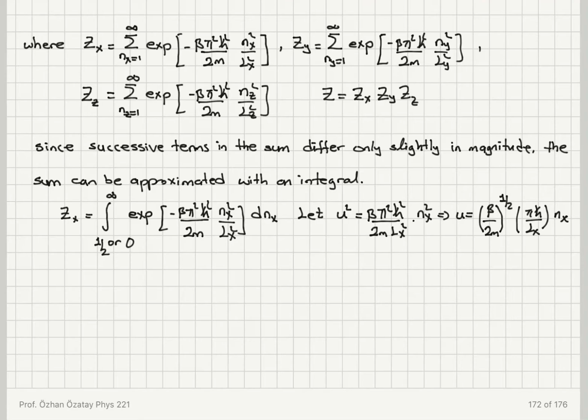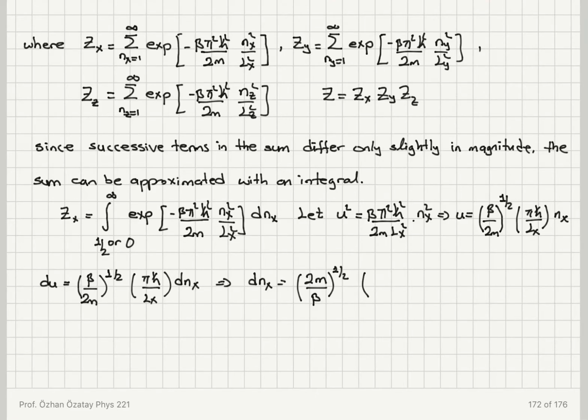So you can find from here that du is going to be equal to beta divided by 2m to the power 1/2 pi h bar over Lx dnx. So that means I'm going to replace dnx with the following term: 2m divided by beta to the power 1/2, Lx divided by pi h bar du.